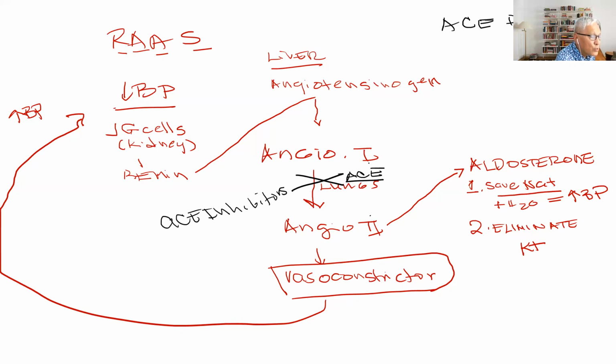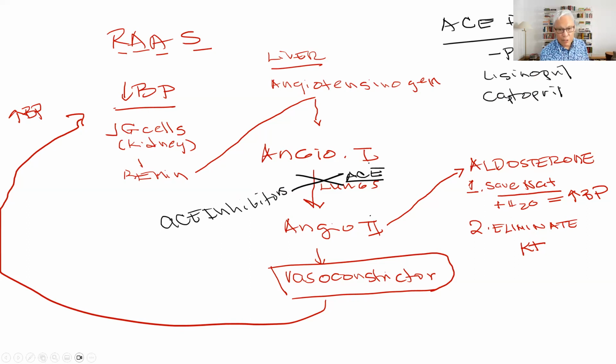And just remember that ACE inhibitors are going to prevent the formation of angiotensin 2, and this occurs in the lungs. Your ACE inhibitors are the ones that end in pril. So lisinopril, for example, captopril, all those medications are going to be ACE inhibitors.